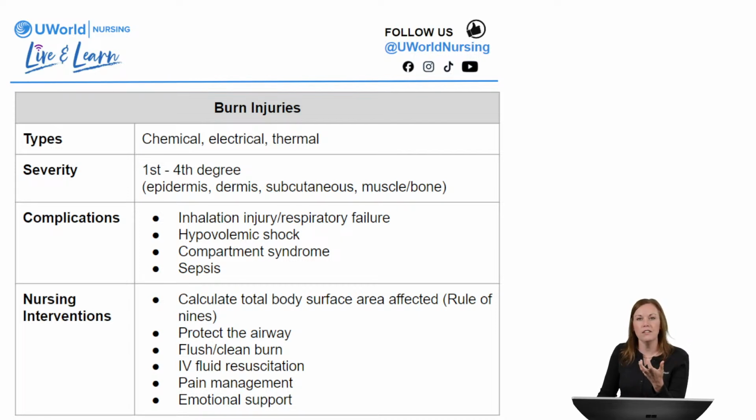Okay, so hypovolemic shock, we'll walk through how this all happens, and why we're worried about this. But again, we've talked about this a little bit. So burns can cause damage to our cells, which is going to cause the cells to rupture and leak contents. And burns are also going to cause increased capillary permeability.